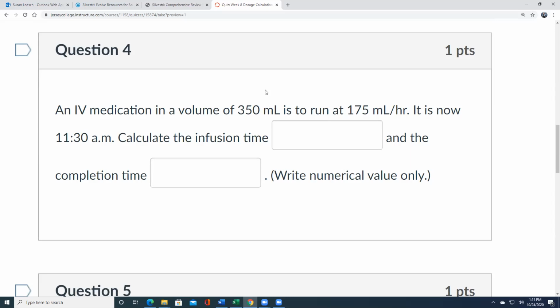So your time should be 2 hours, right? 350 divided by 175 should equal 2. Correct. So 2 hours from 11:30 is 9:30 a.m. I mean, I subtracted. Sorry, it should be 1:30 p.m., right?